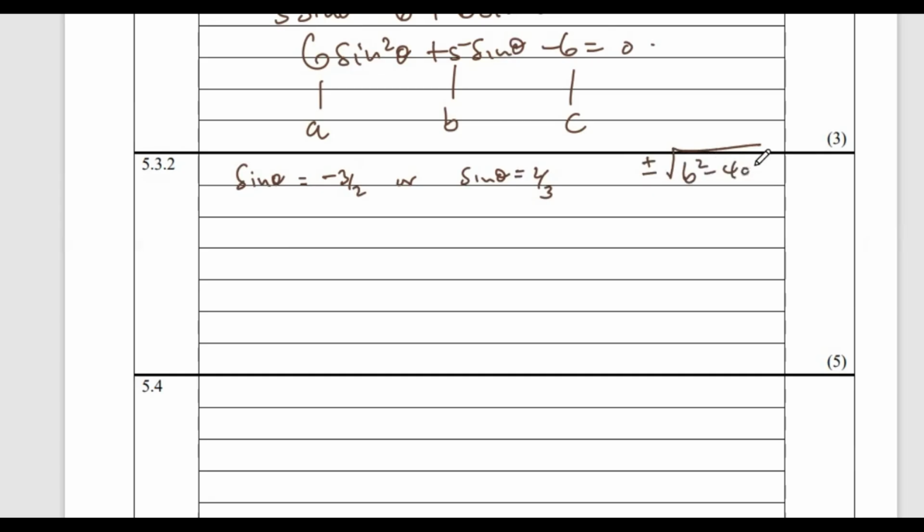Minus b plus or minus the square root of b squared minus 4ac, over 2a. When I substitute, I have minus 5 plus or minus the square root of 5 squared minus 4 times 6 times negative 6, over 2 times 6. That's what I get.